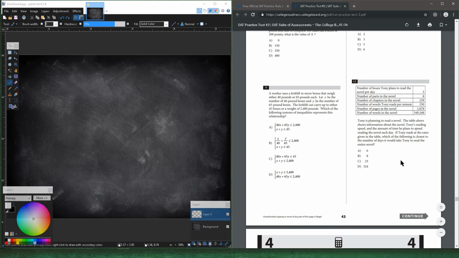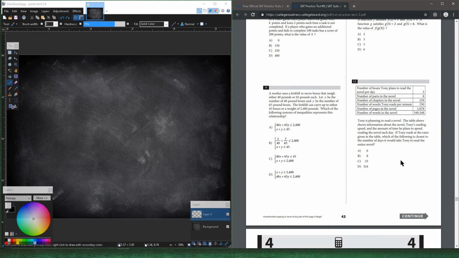Okay. Question 11. Tony is planning to read a novel. The table above shows information about the novel, Tony's reading speed, and the amount of time he plans to spend reading the novel each day. If Tony reads at the rate given in the table, which of the following is closest to the number of days it would take Tony to read the entire novel? So the number of hours Tony plans to read the novel per day is 3 hours.